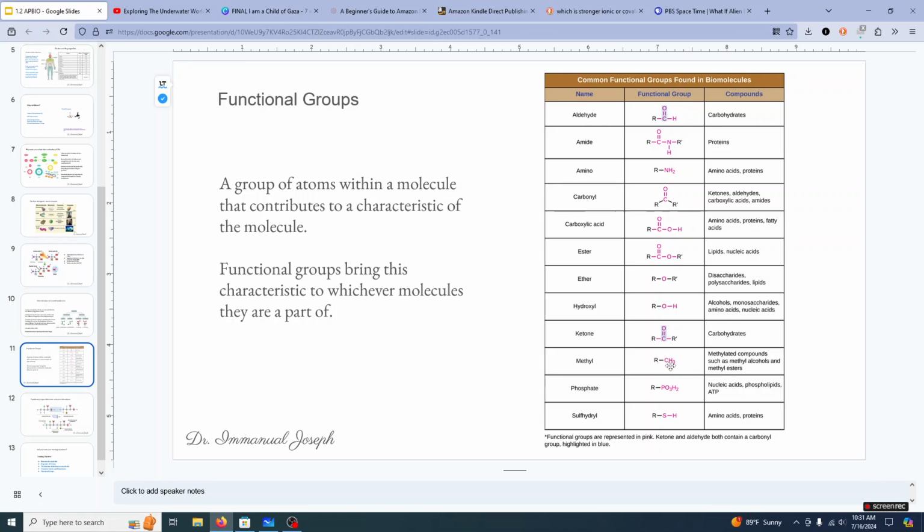So the methyl group is simply carbon and 3 hydrogens attached to it, and on one side you have the R group, the variable group, which could be another carbon, and if it's for example another CH2 molecule, then you will have ethane, right? So what we have here is carbon and hydrogen. When they share electrons, their electronegativities are very similar.